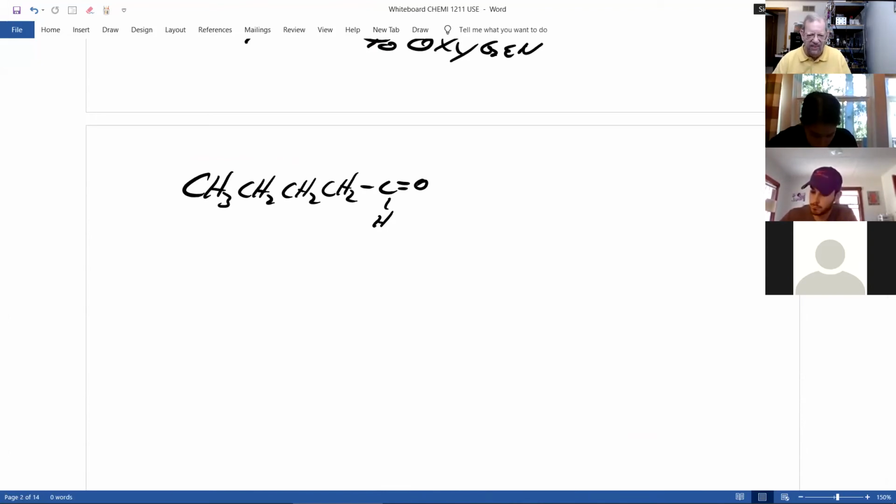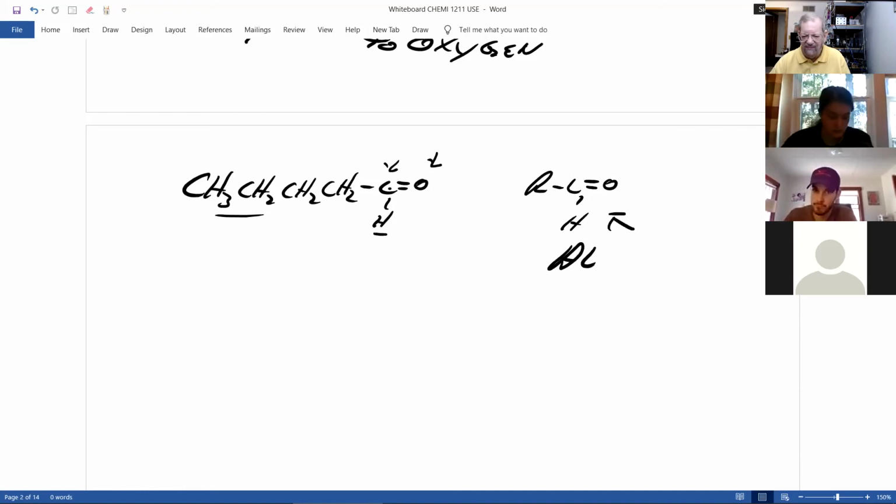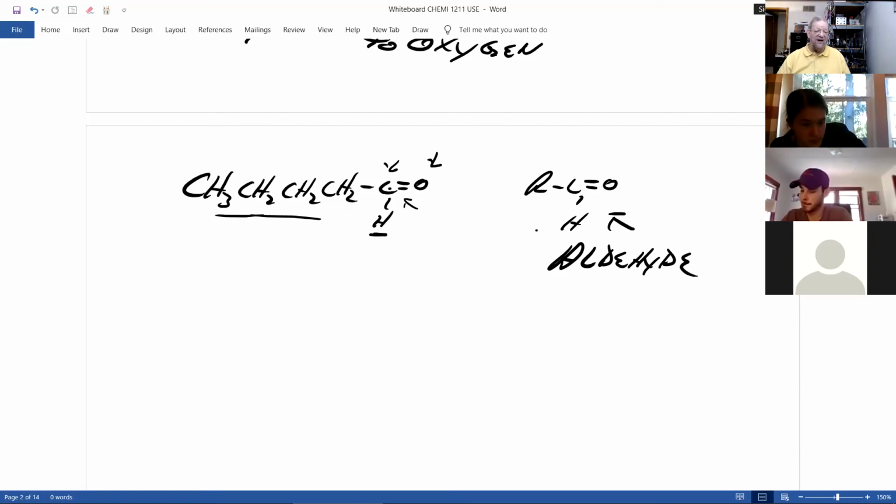What's different? Oxygen double bond to carbon. It's got a hydrogen and carbons on this carbon. And this is an aldehyde. Again, carbon double bond to oxygen with a hydrogen and carbons. It's an aldehyde.